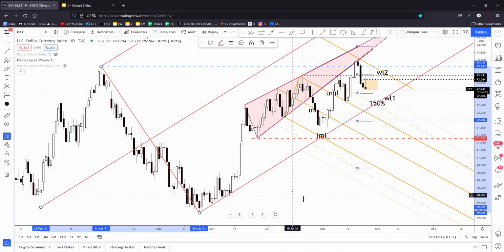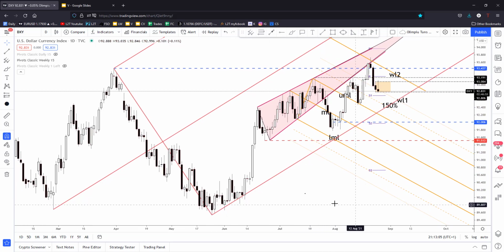If we use an ascending pitchfork, selecting 3 points, 1, 2, and 3, you can see that the dollar index has validated this ascending pitchfork by testing and retesting the lower medium line. It has increased, but unfortunately it has failed to approach the medium line. So we cannot exclude a temporary drop again towards the lower medium line of this major ascending pitchfork.